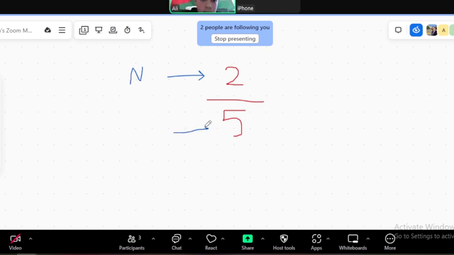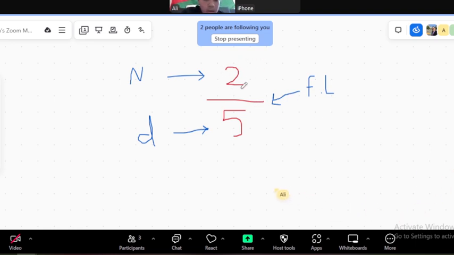And the number down is called denominator. And this line is called fraction line. We will use this line as a division after this.